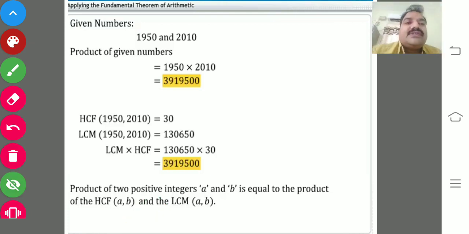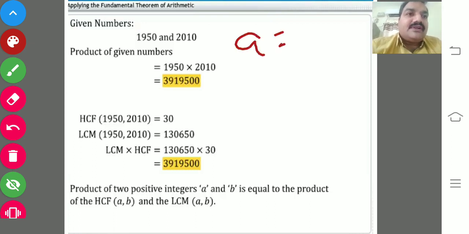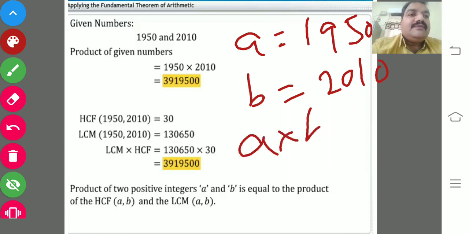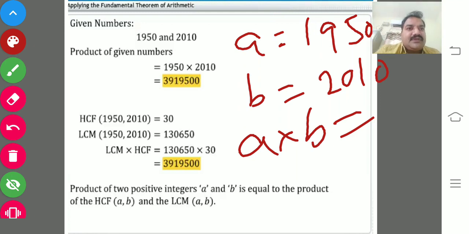So let the first number A equal 1950, and let B equal 2010. Now A into B is the product of 1950 and 2010.